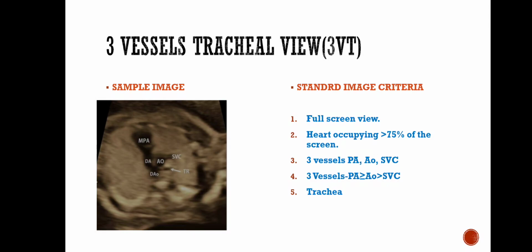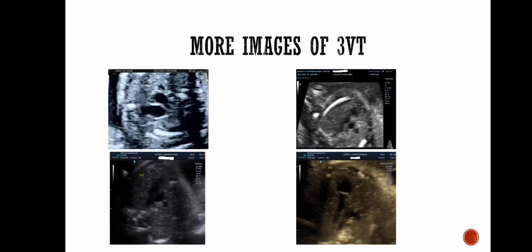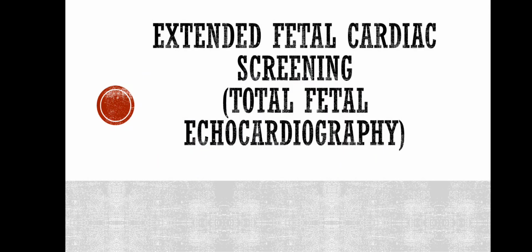Their relative size should follow the pattern: pulmonary artery greater than or equal to aorta, which is greater than superior vena cava. The relationship with the trachea must also be assessed carefully. These are more images of 3VT.